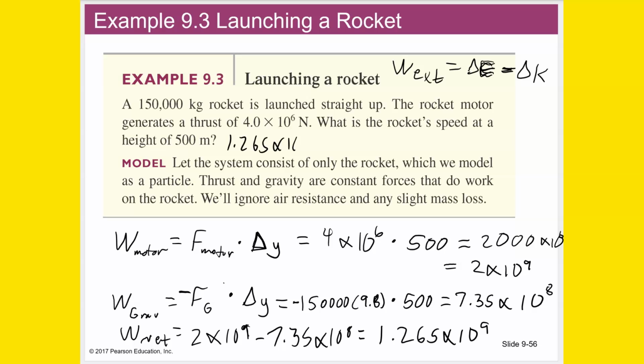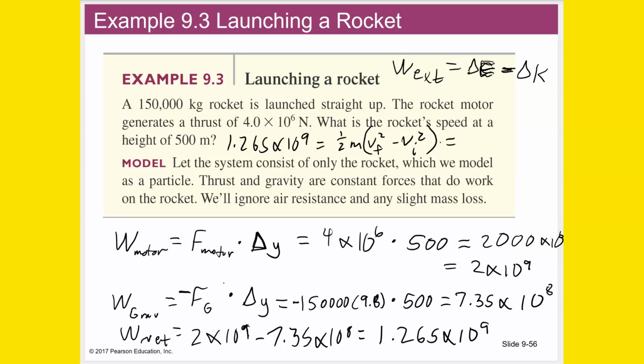So 1.265 times 10 to the 9th equals 1/2 m VF squared minus 1/2 m VI squared. I could just factor out the 1/2 m, and then it becomes VF minus VI, both of them being squared.